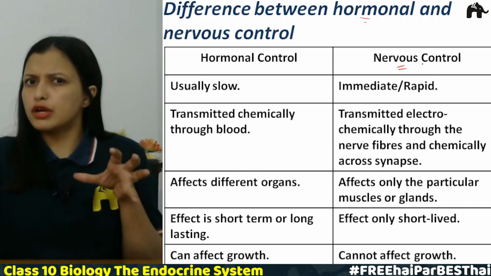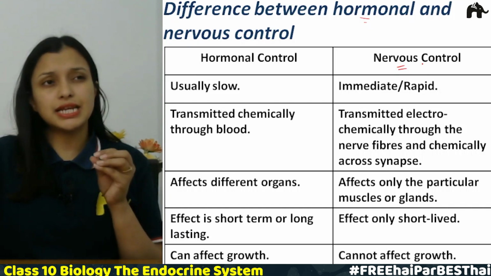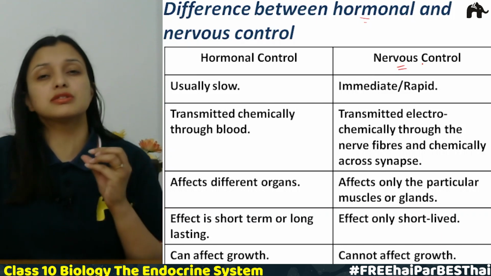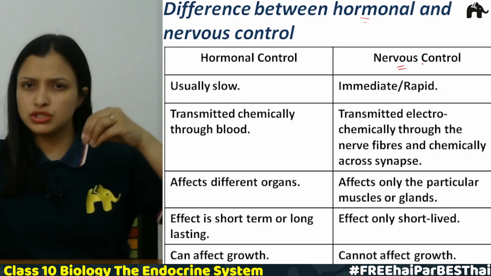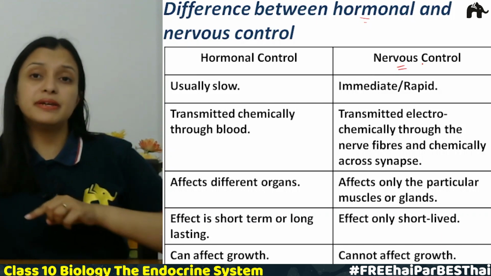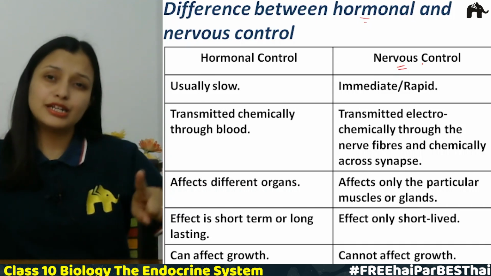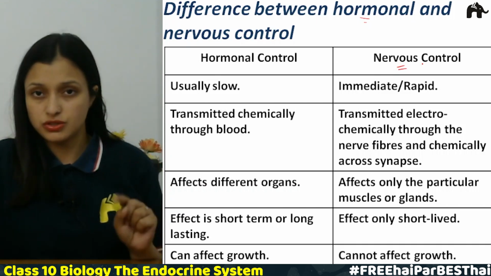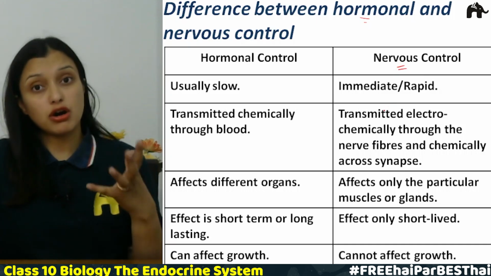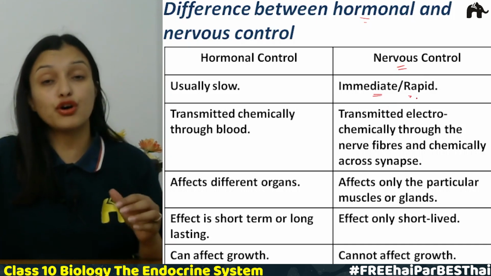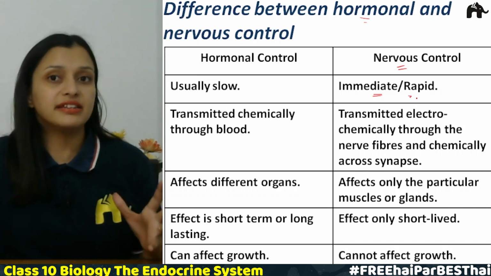If you talk about hormonal control, it is a relatively slow process, right? Hormones will be secreted, they will be carried through blood to the target organ, and then that target organ will start performing its functions. If we talk about nervous control, it can be very rapid, right?